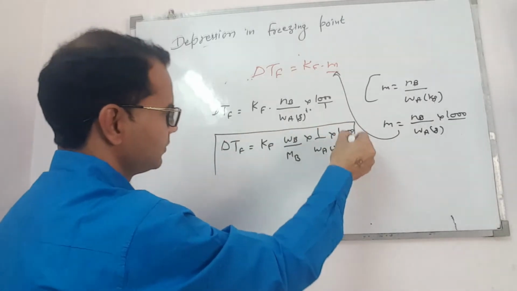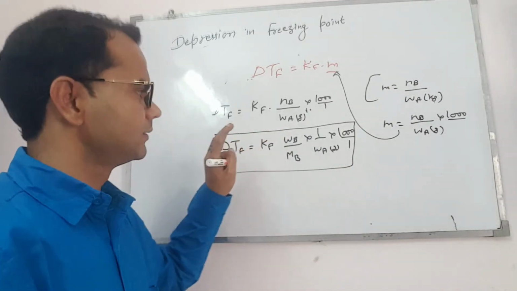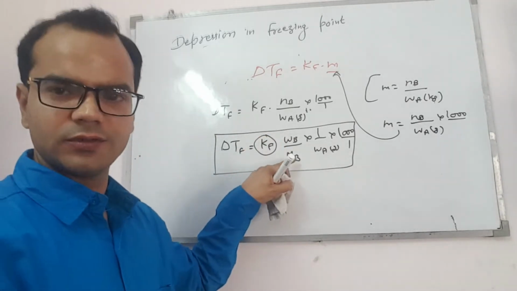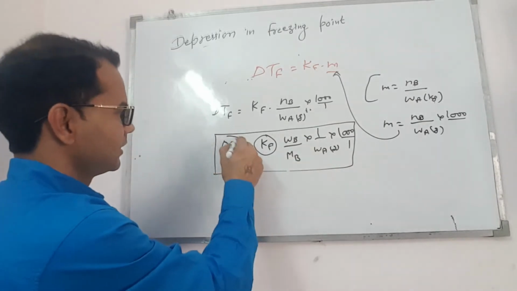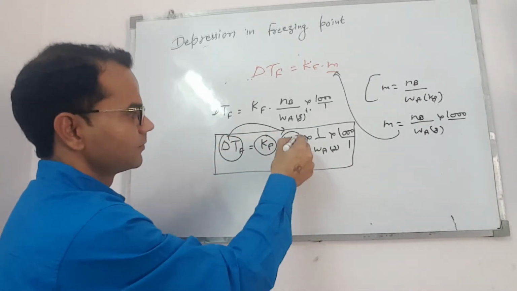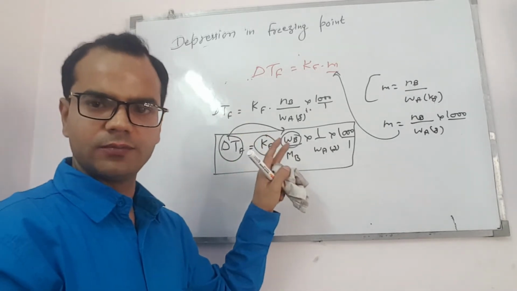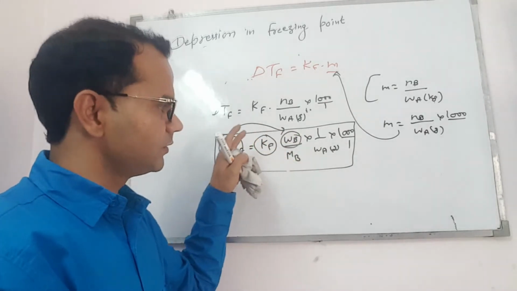So this is the formula to solve numericals. Kf is constant, molecular mass of solute is constant, given weight of solvent is constant. So this delta TF depends on the weight of the solute. So we can say this is a colligative property, and colligative properties are used to determine the molecular mass of a solute.